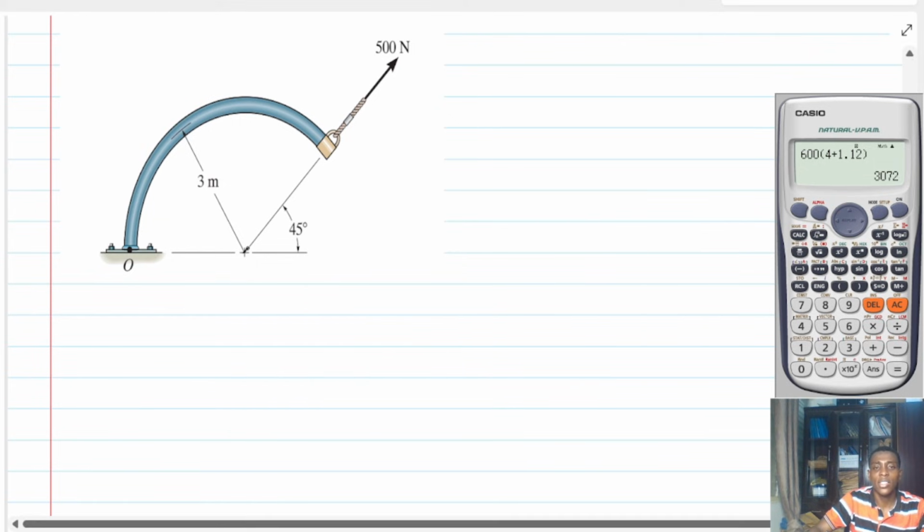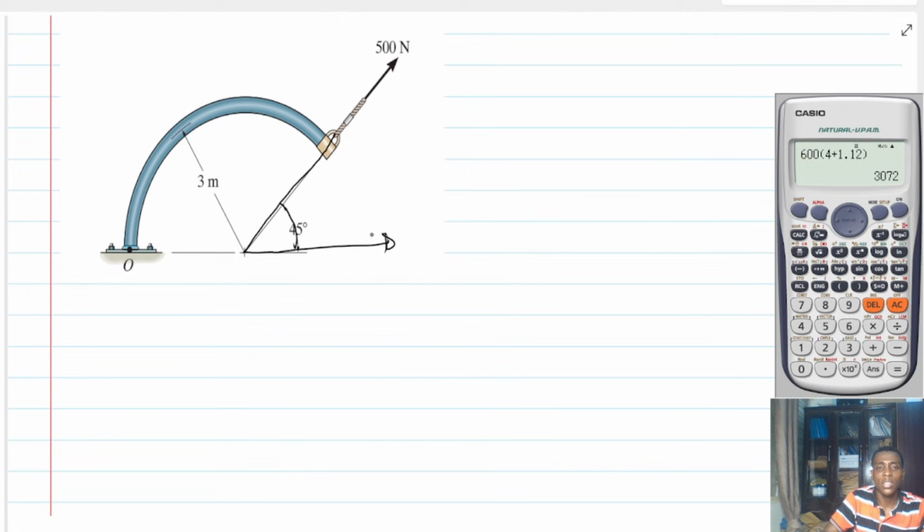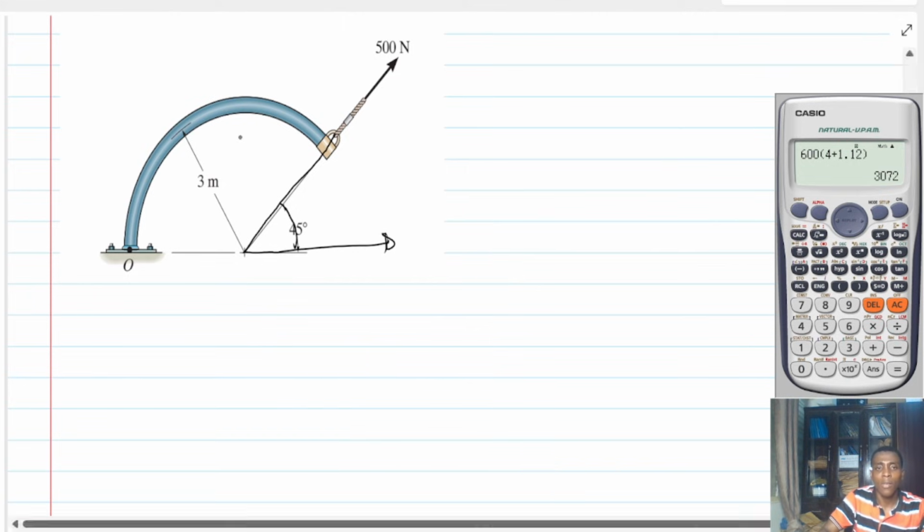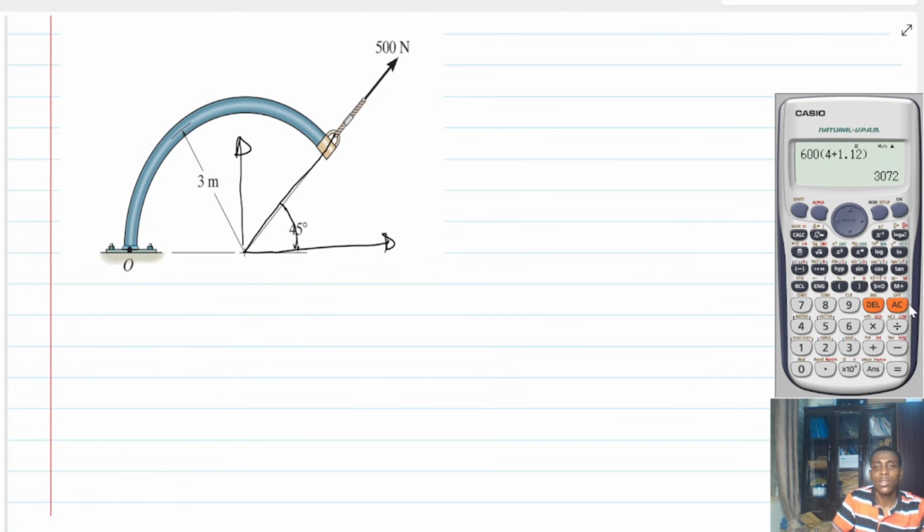How am I going to solve this problem? You know, the line of action of this force is in this direction. Is that right? Therefore, using the principle of moment, I can resolve this force into what? X and Y component. The X component is going to be 500 cosine 45, which is 353.55.